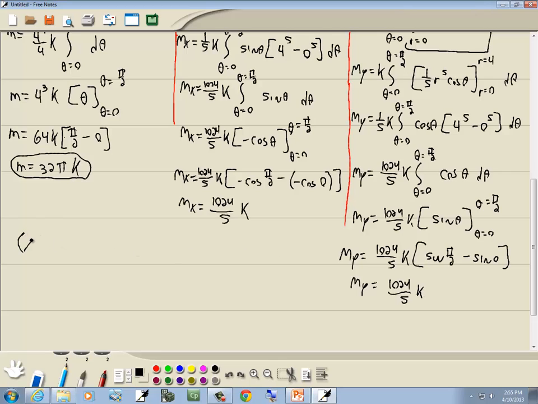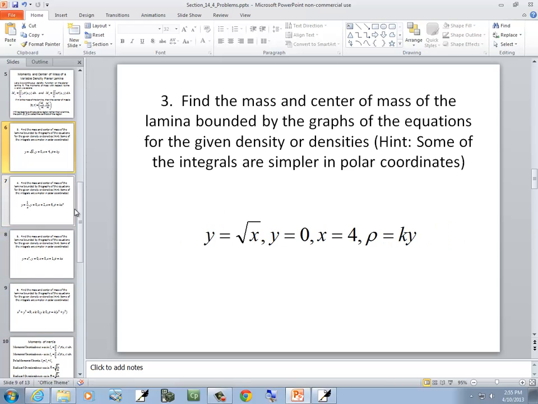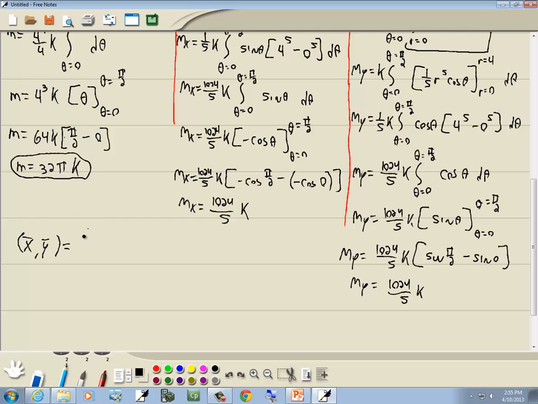So then our center of mass, x bar, y bar, is going to equal, I think I'd have this memorized, M sub y, the moment with respect to y over m, and the moment with respect to x over m. So this will be 1024 over 5k over 32 pi k, and this will also be 1024 over 5k over 32 pi k.